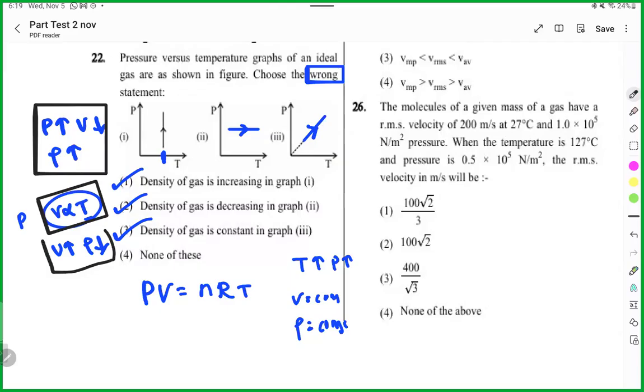In Gay-Lussac law, volume is constant. If volume is constant, density is also constant, right? Correct. So none of these. Make sense? Perfect. Anybody have a doubt?